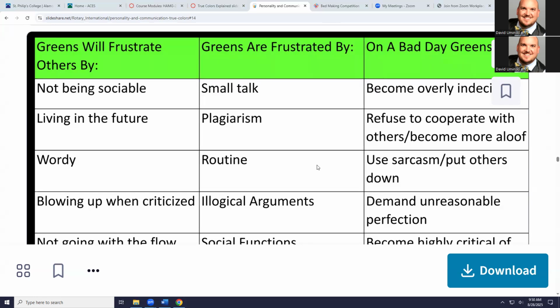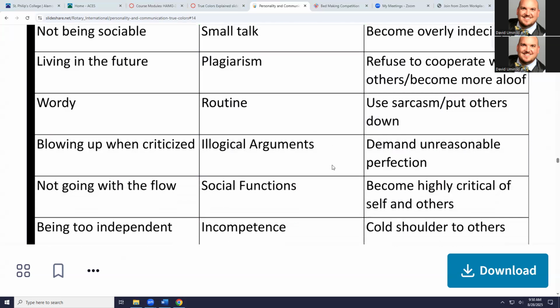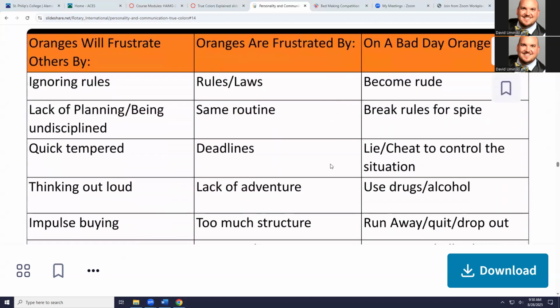They also don't like that small talk. They don't care how the weather is today. They just want to know the details, the information, and kind of how they can start planning that big picture environment, right? And so it's really important to understand maybe how your personality color might frustrate others and what frustrates you.